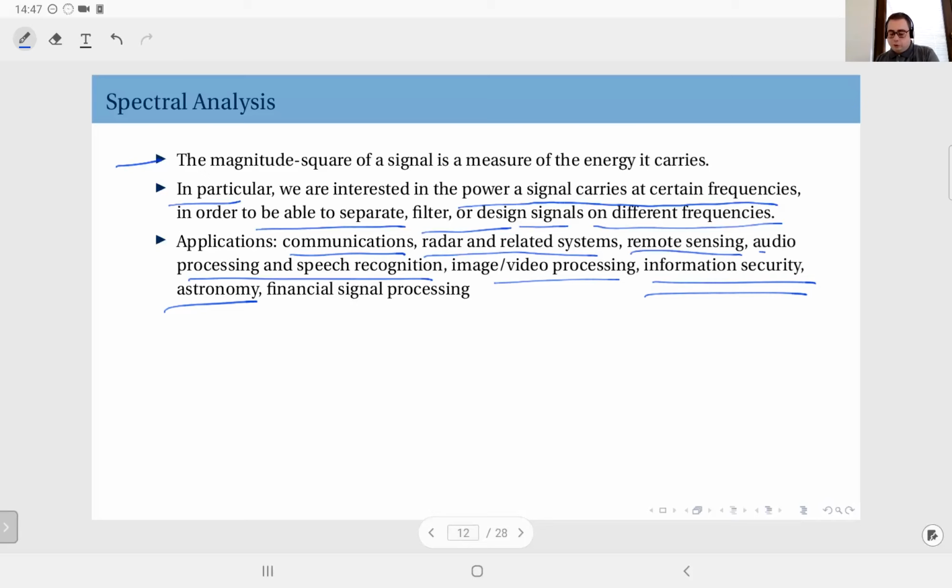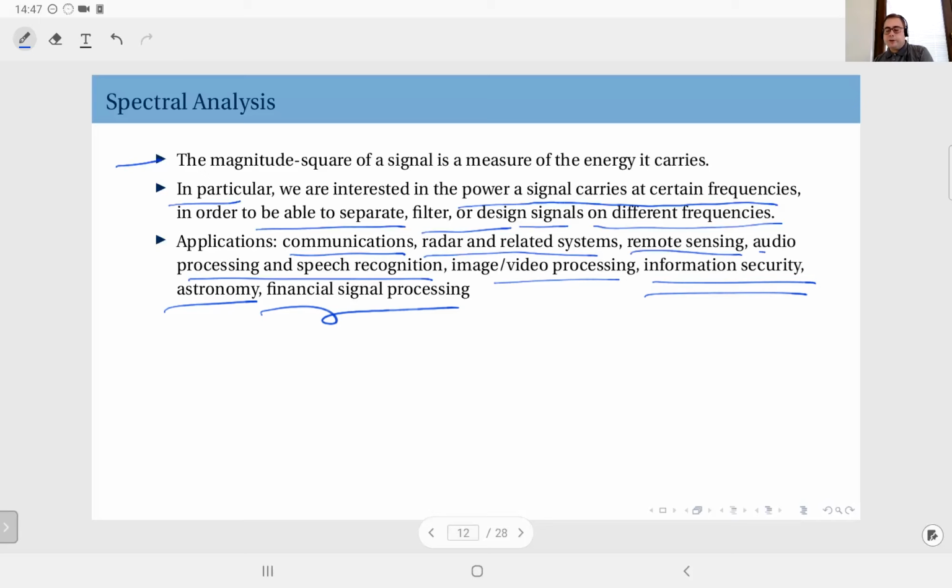And also a very important application is financial signal processing. Maybe you would like to model the dynamics of the market, or estimate the behavior of the prices of some shares. In that case, spectral analysis is highly useful when applied to time series data.